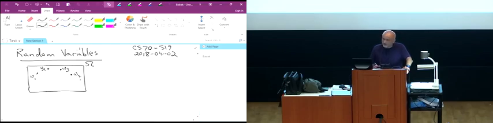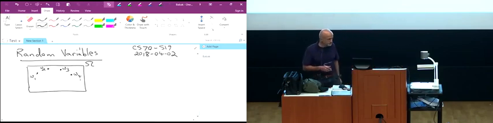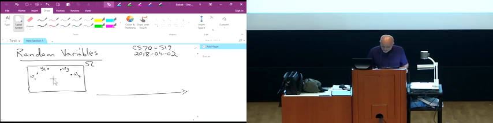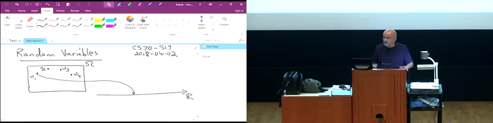And let's say these are a few of the sample points that I've enumerated with subscripts. A random variable is a function that takes each of these sample points and maps them to a point along the real axis.